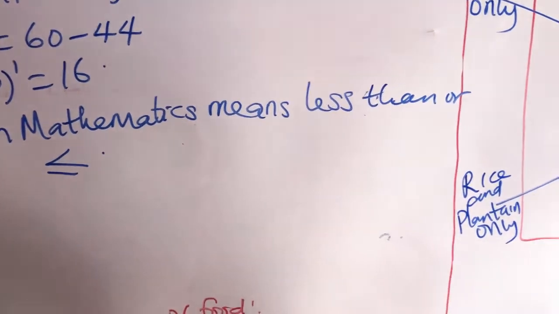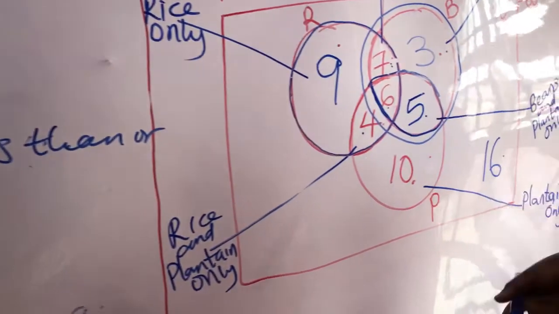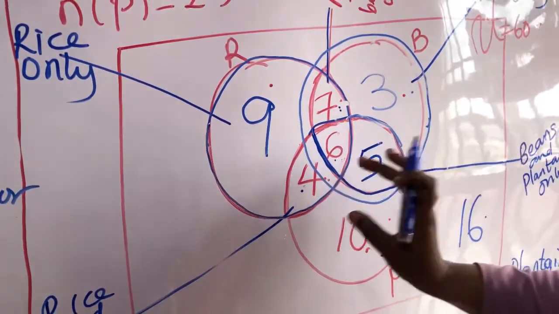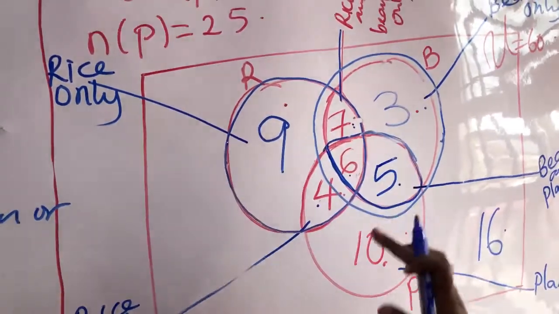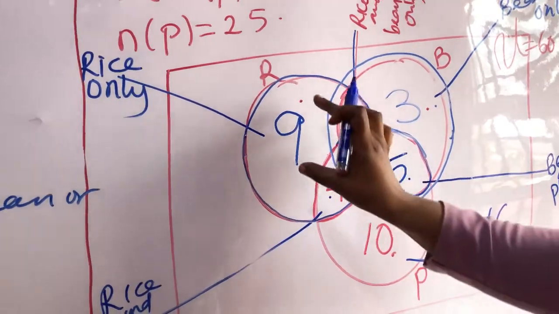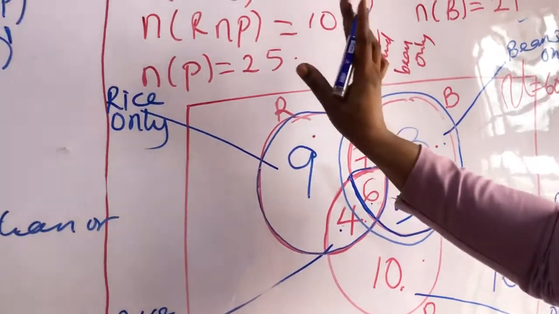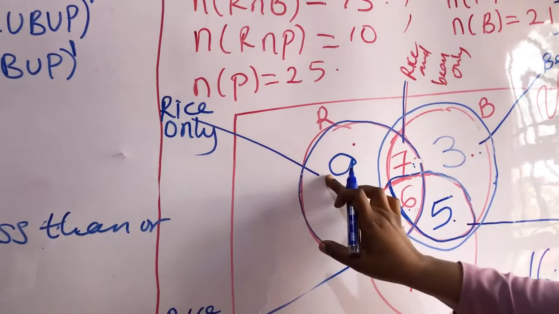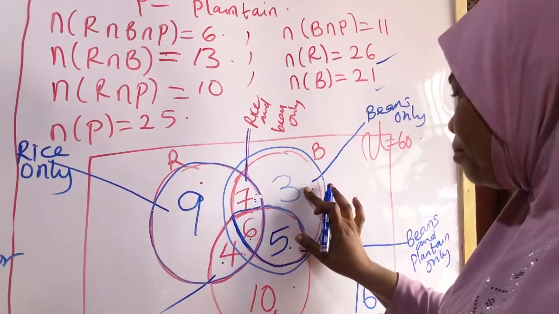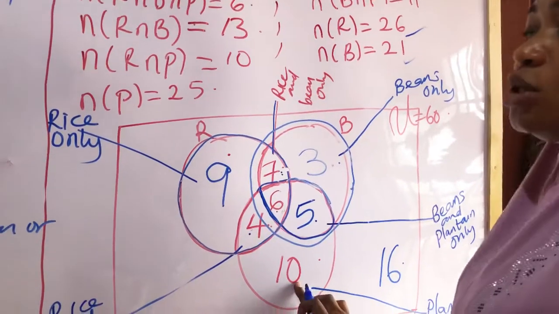So at most 2 types of food means those that liked 2 foods, that is rice and beans only, beans and plantain only, rice and plantain only, plus those that liked 1 food, that is rice only, beans only, and plantain only.